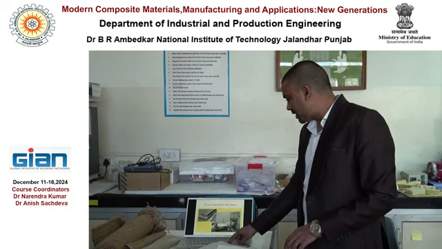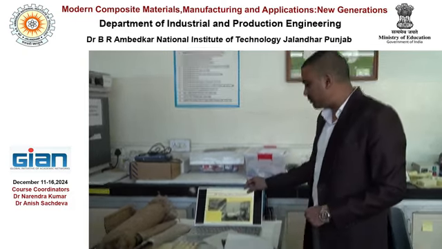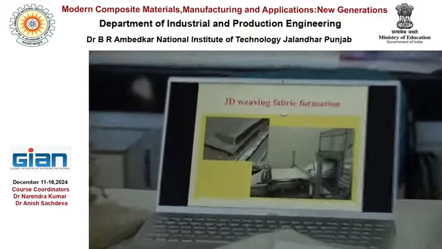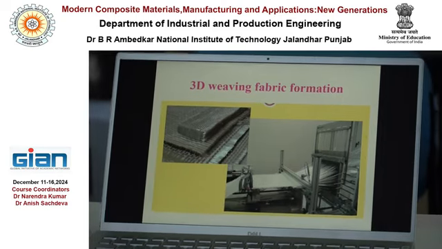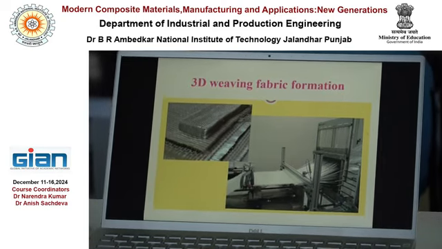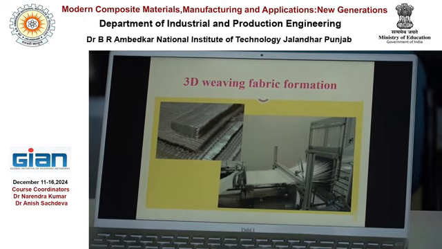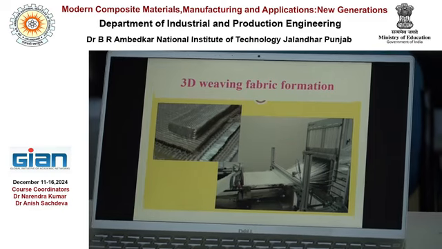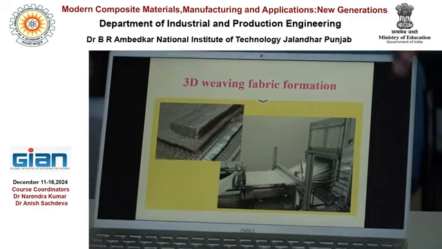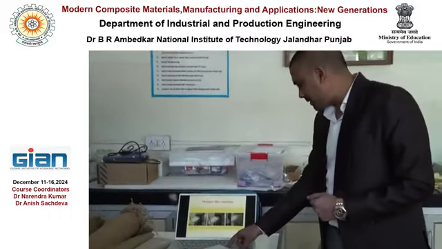and these structures are produced. And you see this. These are some of the examples of the 3D fabrics. Here, depending upon how much the thickness is, we have to produce the 3D fabric with that many layers.